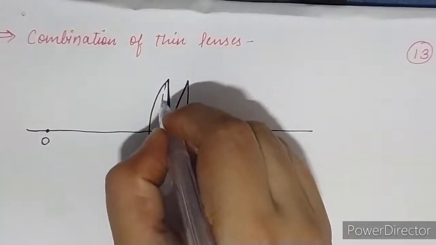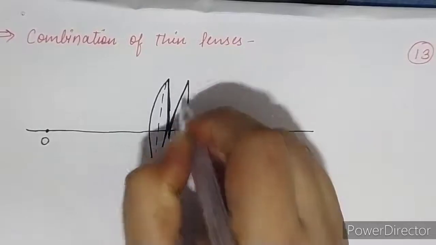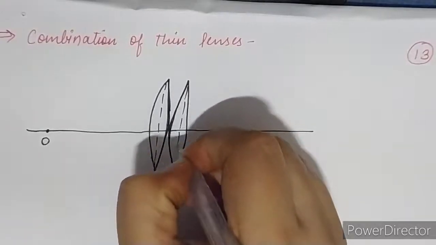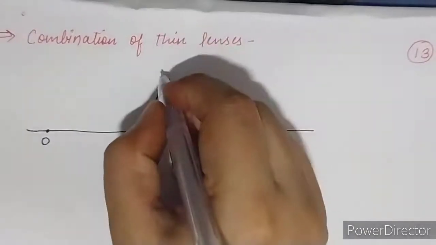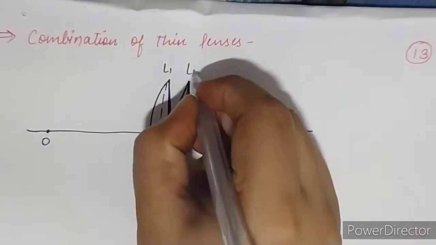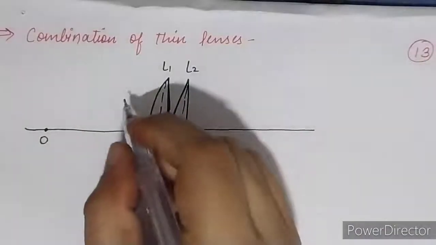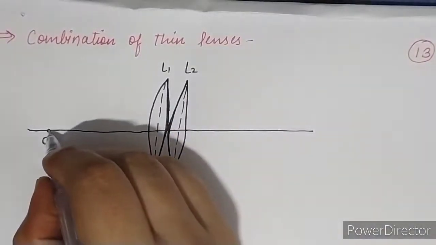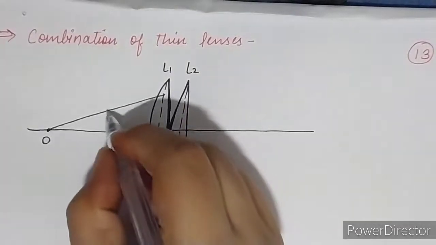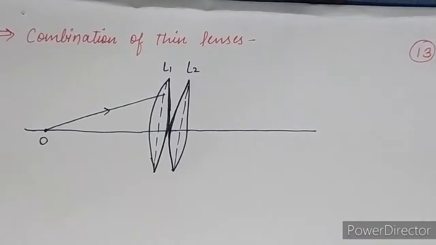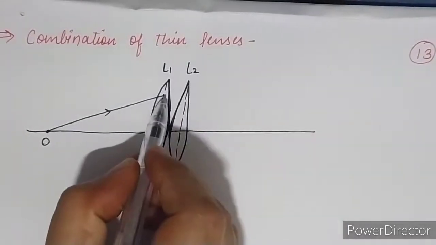First of all I have bifurcated them, because you know very well that a lens is the combination of two spherical surfaces. So this one is lens L1, this one is lens L2. When the light ray is incident on the first lens, it will be diverted from its path.